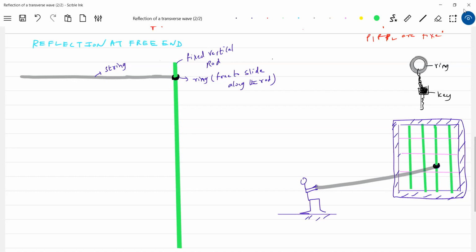So what is the state of the ring? Ring can move up and down on the rod. These are the rods, no?